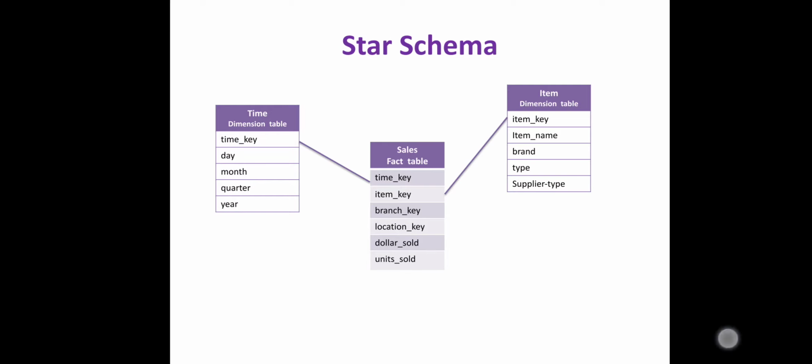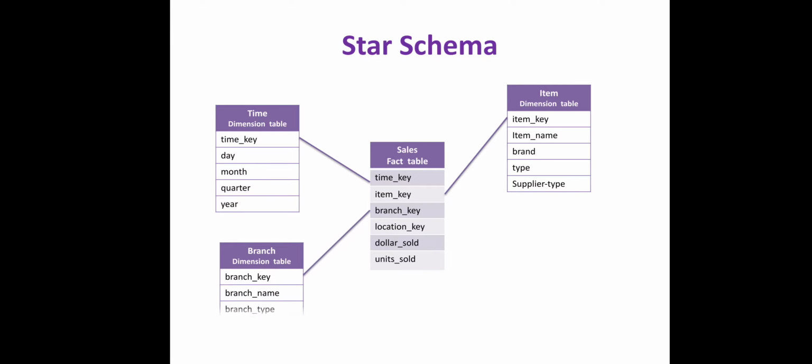With that, the next thing is the branch key. What can a branch specify? I will have another dimension table named branch. The first attribute will be the same, the branch key. With that, I will have a branch name and branch type. These are the different attributes we can have with the branch dimension. The next and last dimension is the location key.